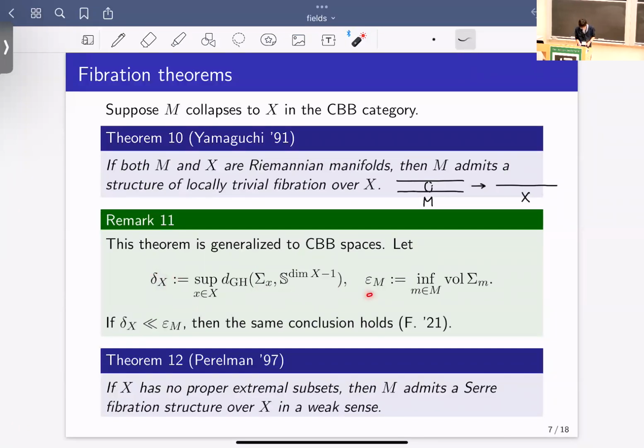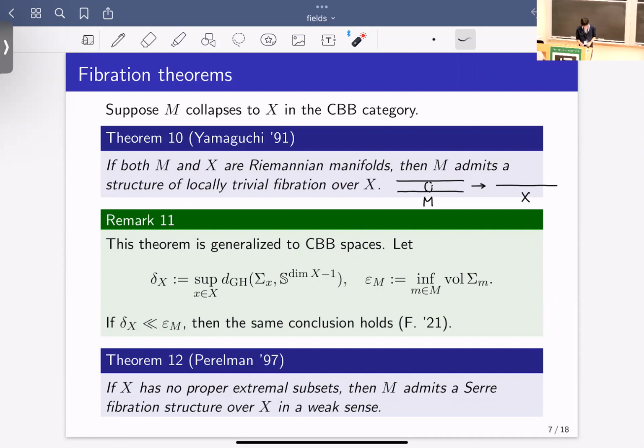And let epsilon M be the infimum of the volume of the space of directions of M. If delta X is sufficiently small compared to epsilon M, then we obtain the same conclusion, that is, a locally trivial fibration exists. Okay. And this condition means that X is close to a Riemannian manifold, and the singularities of M are not so bad.